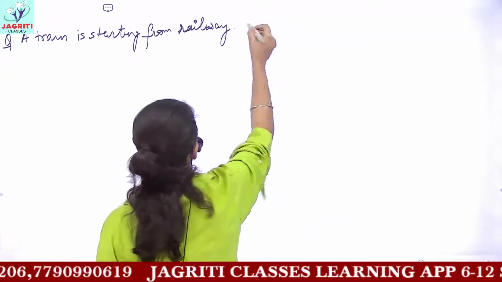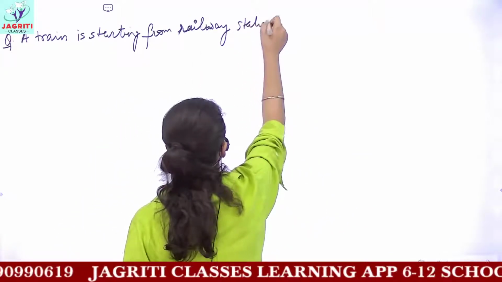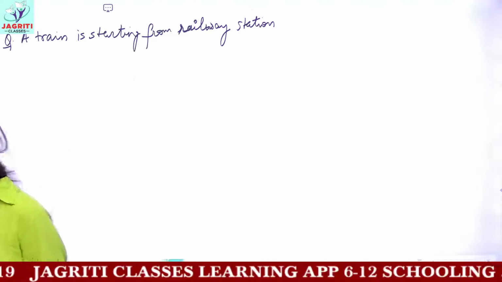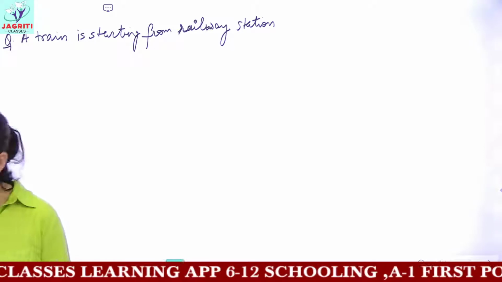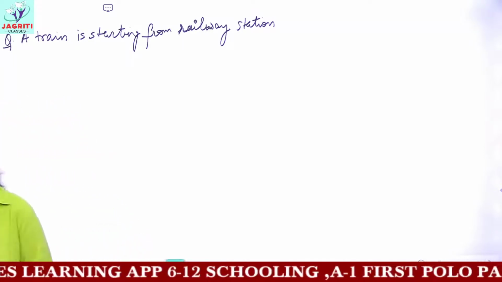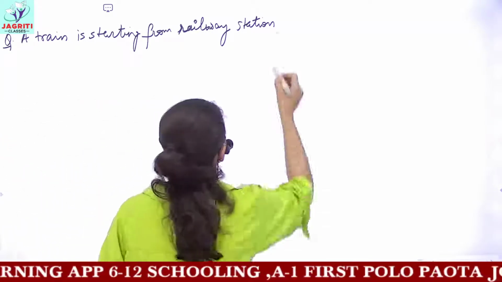So a train is starting from the railway station, and it is moving with a uniform acceleration to attain a speed of 40 km per hour, and then you have to find its acceleration.